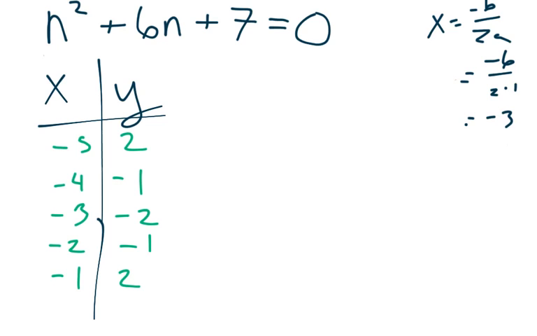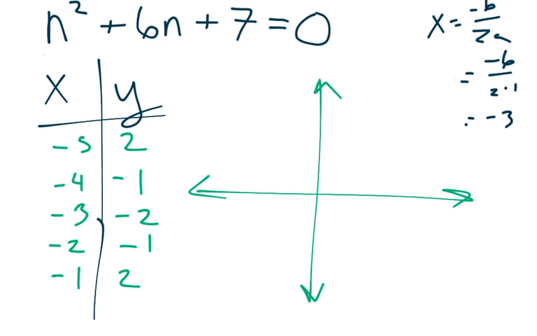Now, looking between these values, we're seeing something happen. And I think supporting this with a graph will make it more clear. So here's my graph. And for this, I'm going all the way back to -5, 4, 3, 2, 1. And maybe I want to give myself the axis of symmetry where x is -3 to help out.